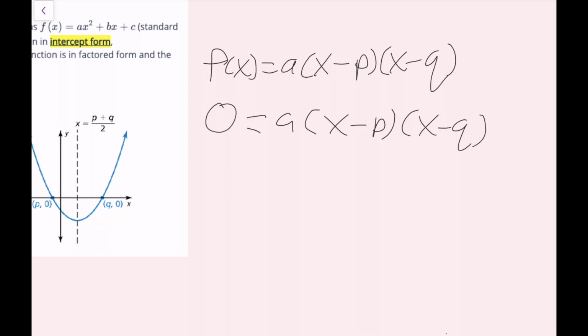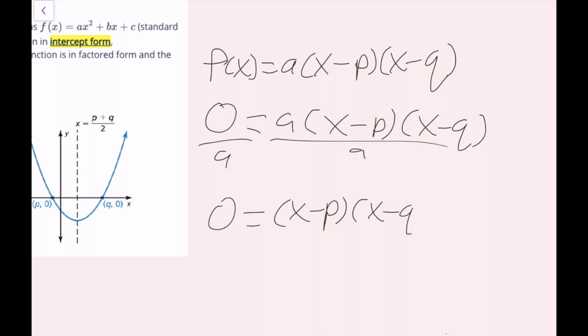And what this would allow us to do is use the zero product property. I mean, a is not allowed to be equal to 0, so we can just divide the whole thing by a, and then 0 divided by a is 0. So now I just get x minus p times x minus q, and I can set both of these equal to 0. X minus p equals 0, and x minus q equals 0.